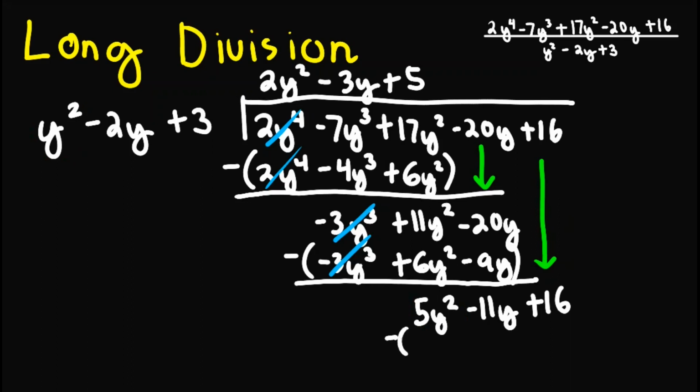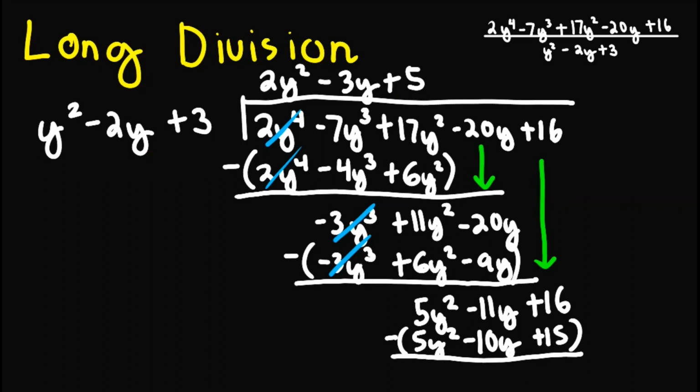Subtract that product, the product of this and this, which is 5 times y squared is 5y squared, 5 times negative 2y will give us negative 10y, and 5 times 3 will give us plus 15.